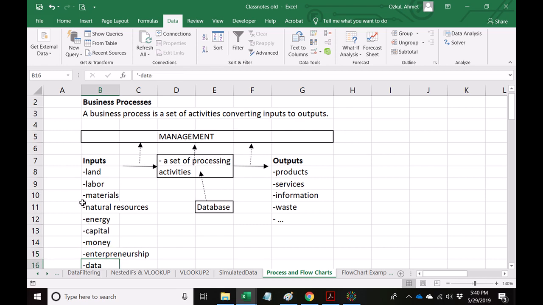Everything could be coming into a process and processed all together, and at the end giving out something useful. For example, finished products come out, finished services, information, and also some undesired side effects like waste. So this is the idea with any business process.